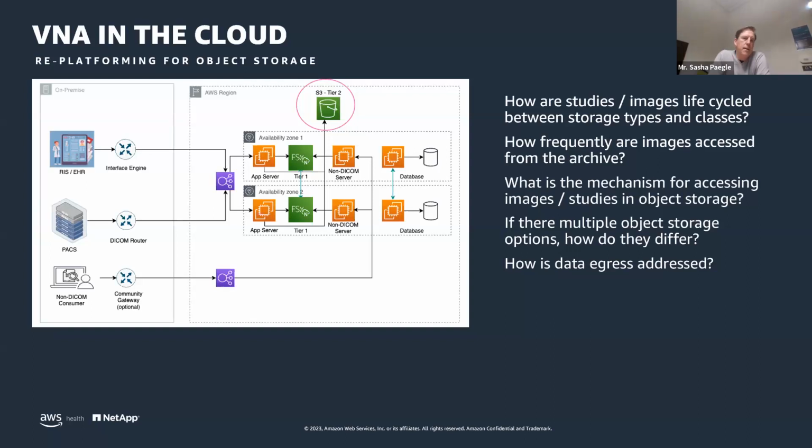Yeah, so I pointed out earlier that AHI is using a VNA. Their ISV partner introduced the capability to support object storage, and this is really where oftentimes I hear a lot of discussion about what is the cost to store images over the long term, and there are a variety of choices in terms of object storage.